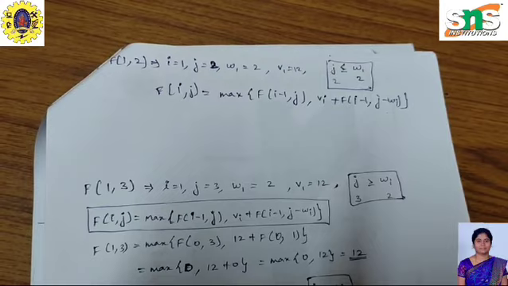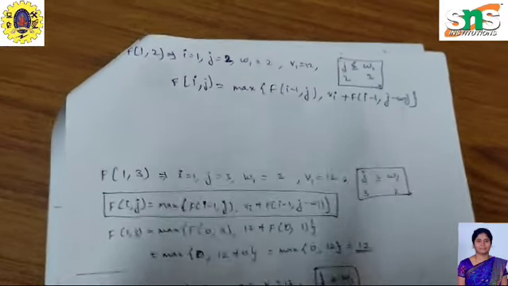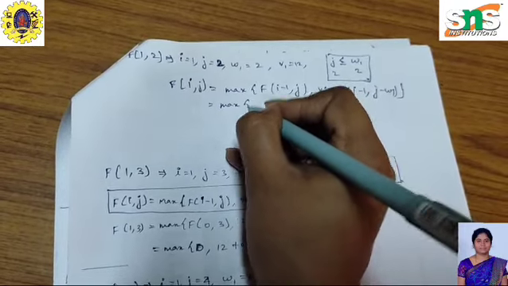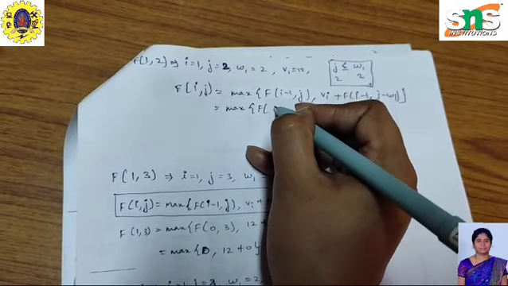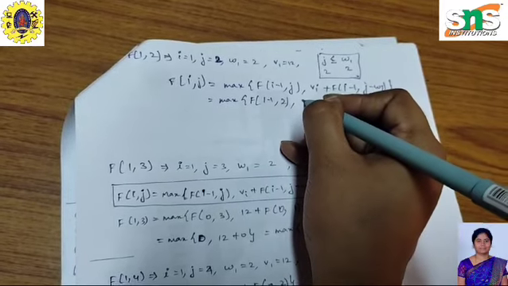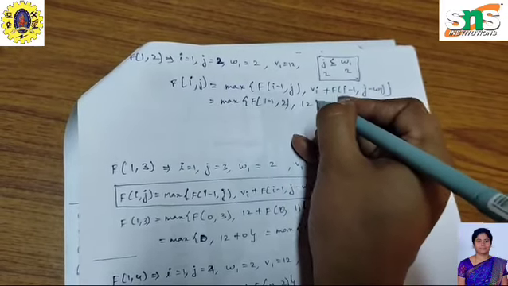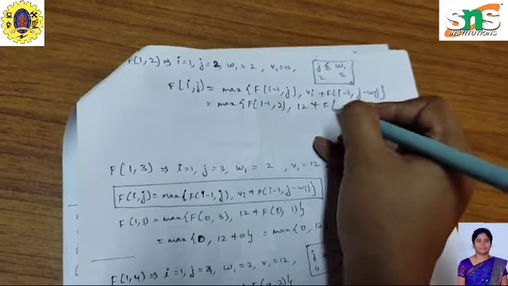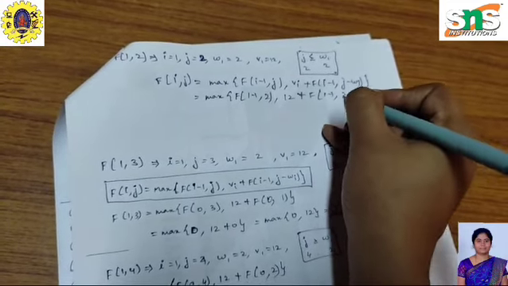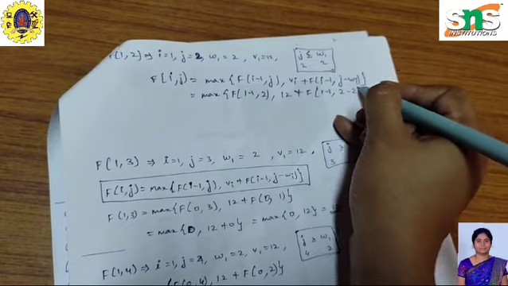Here i is 1, so max of f of 1 minus 1 comma 2, and vi value is 12 plus f of i minus 1, that is 1 minus 1, comma j minus wi, that is 2 minus 2.